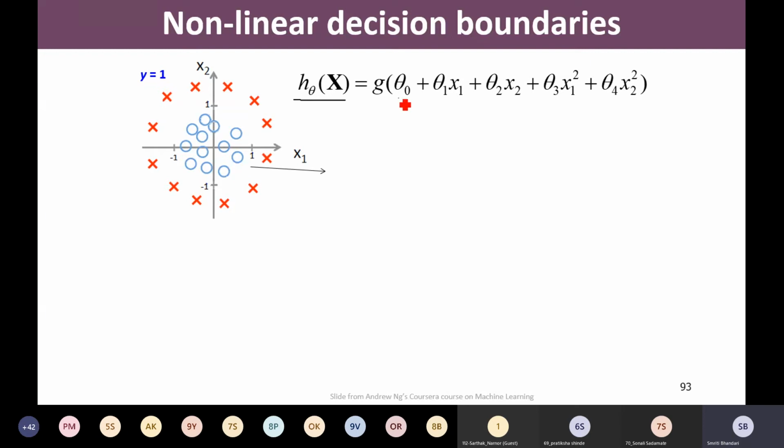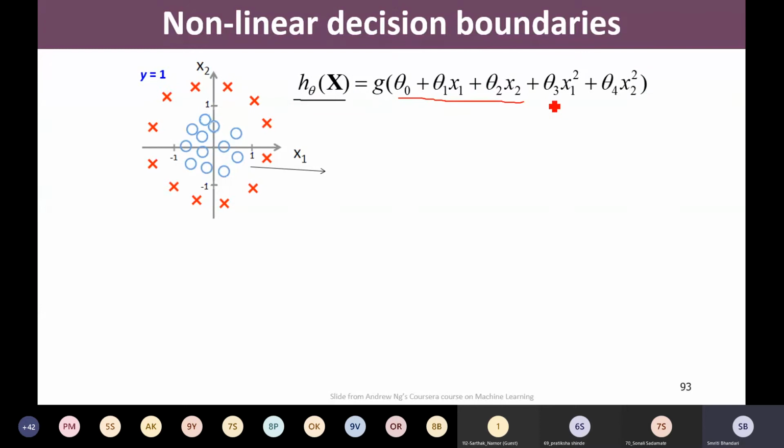If I go with a linear function, theta 0 plus theta 1 x1 plus theta 2 x2, it may not help me. That is why we are assuming a function h theta x of the form g of theta 0 plus theta 1 x1 plus theta 2 x2 plus theta 3 x1 square plus theta 4 x2 square.